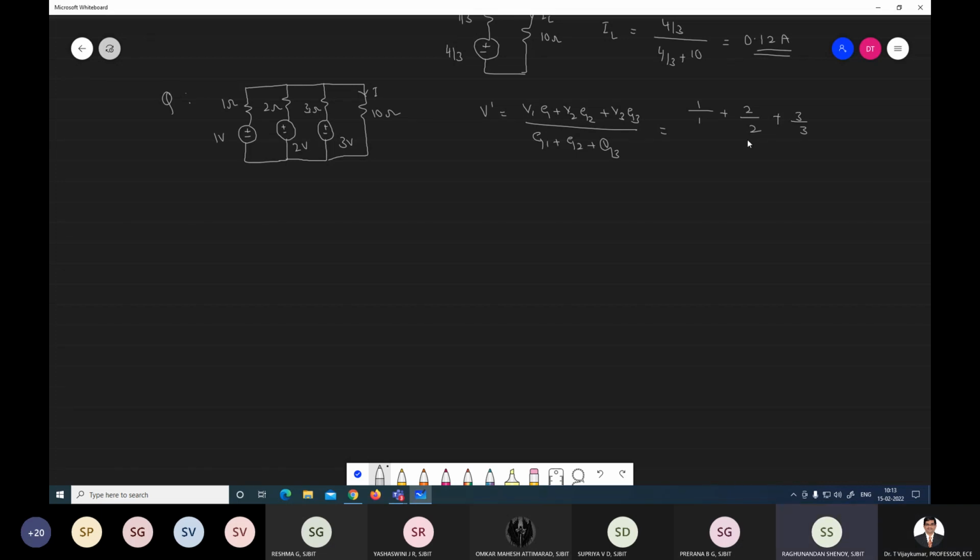V dash is 1.636 volts. Okay, note down how much you're getting. Divided by R dash, which is 0.545 ohms.